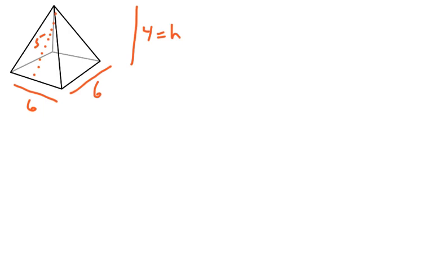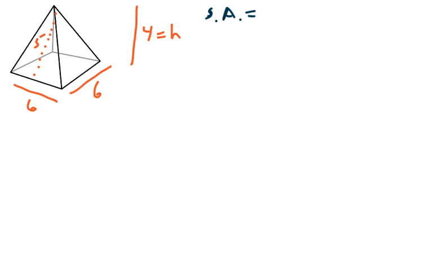Let's go to surface area first. So surface area in this case, you'll notice there's no special formula for this. So you got to look at it, and the definition of surface area is, again, just the area of every side added up.